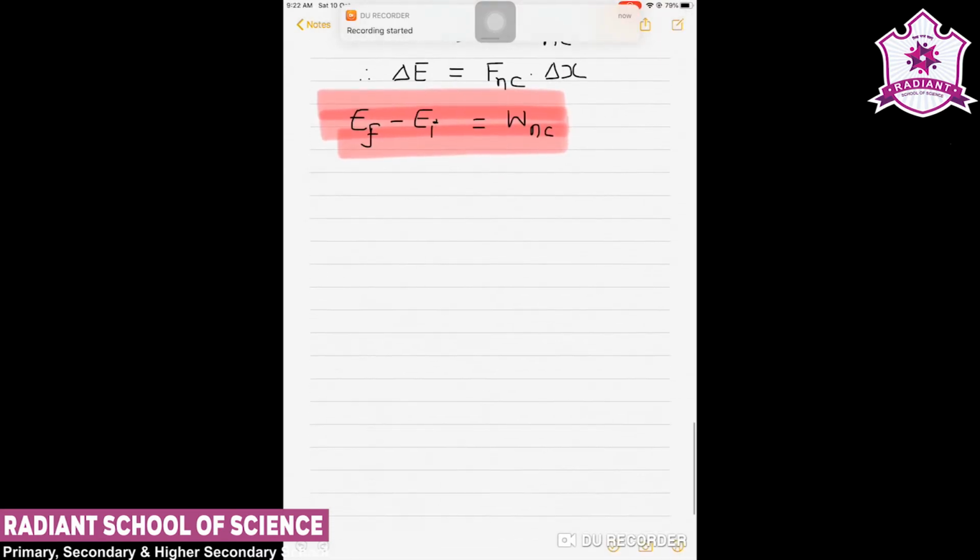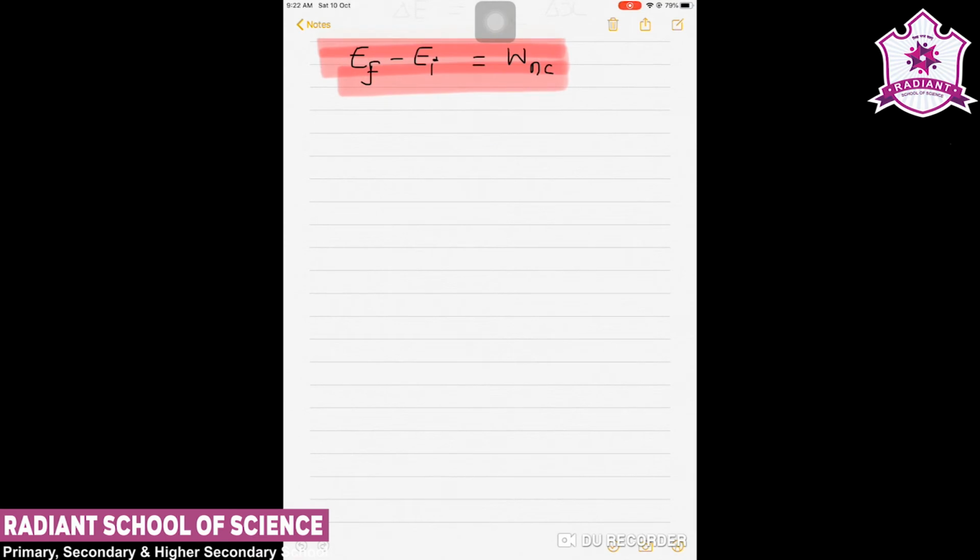Solution number 13 is also on the basis of collision. First of all, we will consider a collision in two dimensions, an elastic collision.